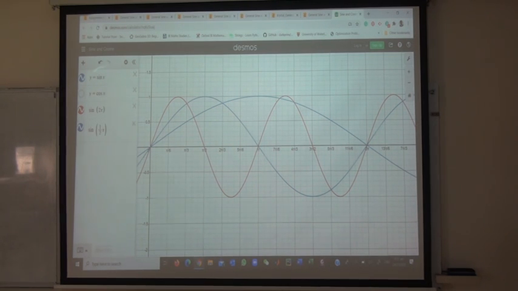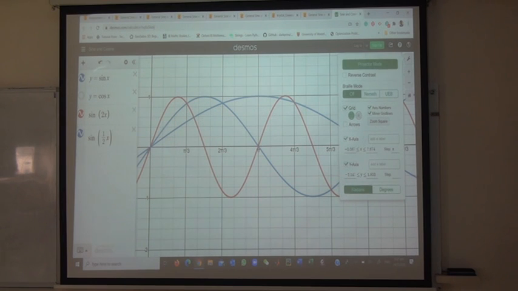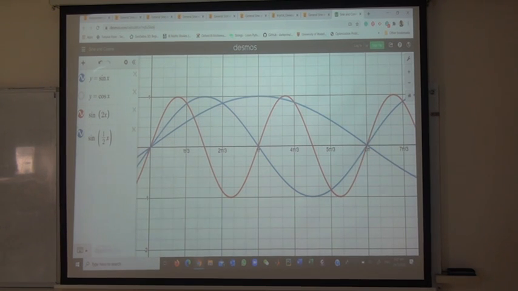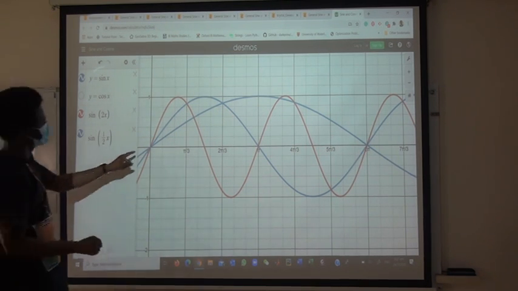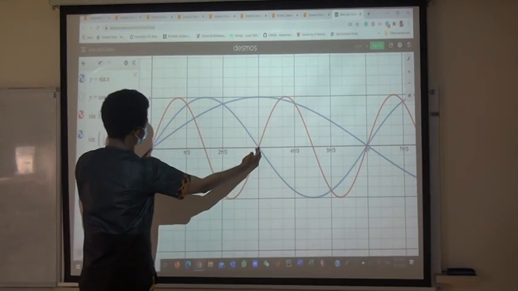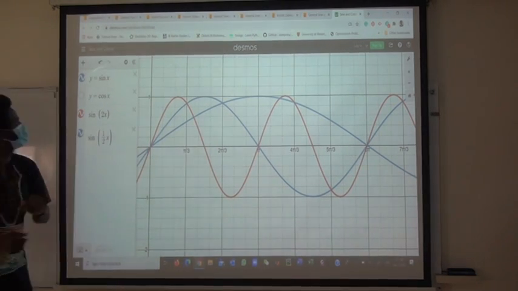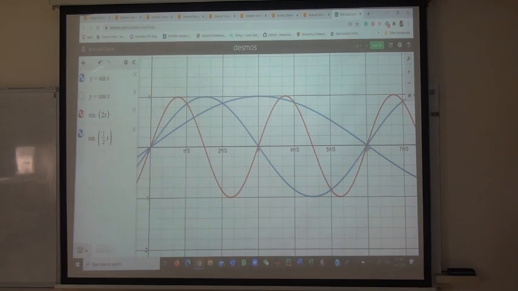Let's see. So, one cycle here for this one. Okay, 2 blue. All right. Okay, you can see now.